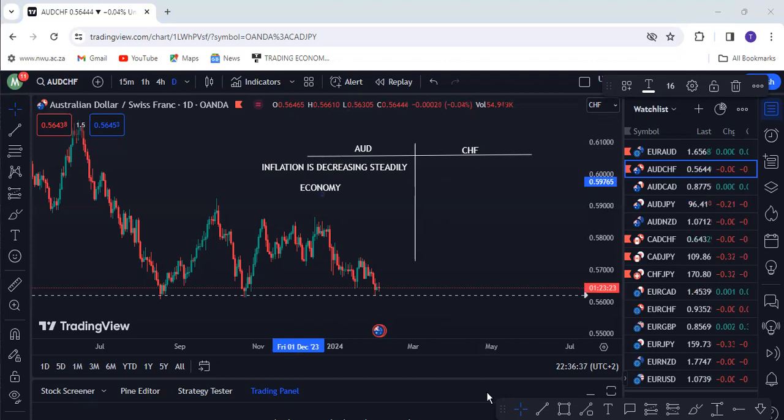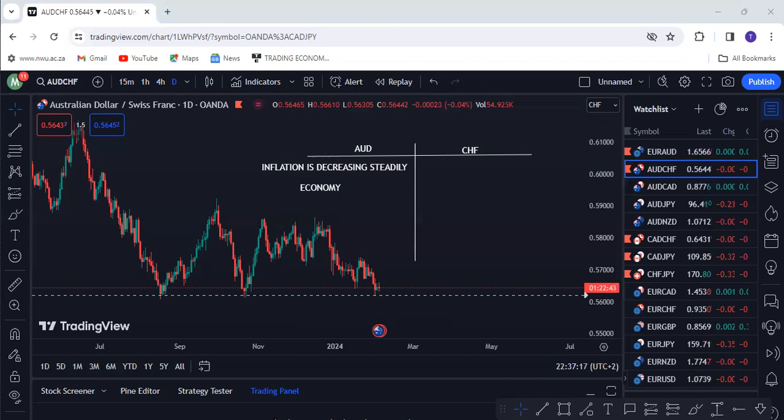We just want to check a few things here. With the Australian economy, I want to be as factual as I can. We have GDP. The last figures that we had, GDP year on year, we had the Australian dollar growing at 2.1%.